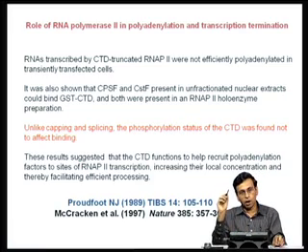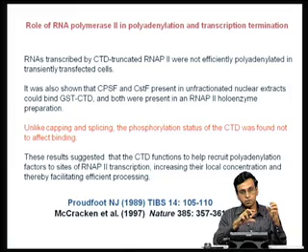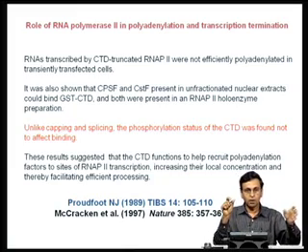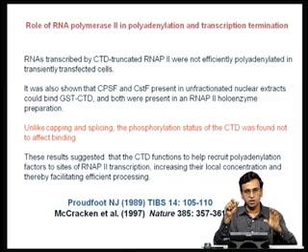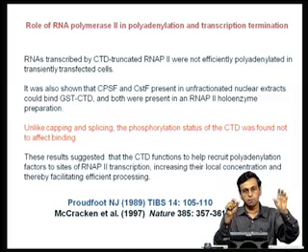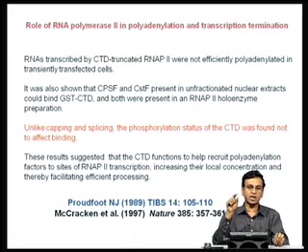When they did these kinds of experiments, they found that two of the proteins involved in polyadenylation, namely CPSF and CSTF, can be retained on GST affinity columns containing the GST-CTD. The control is only the GST, whereas the actual protein will be GST-CTD, and proteins which are retained only on a GST-CTD column but not on a GST column indicate that it is the CTD of RNA polymerase II which is interacting with these proteins.